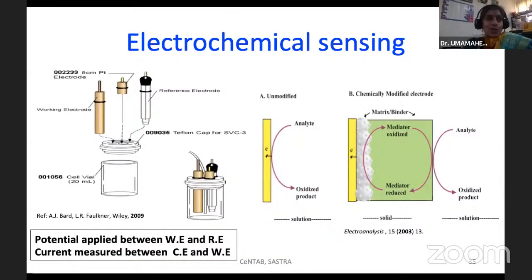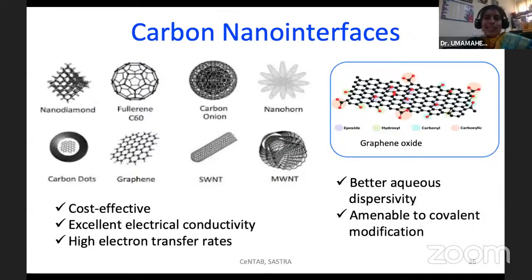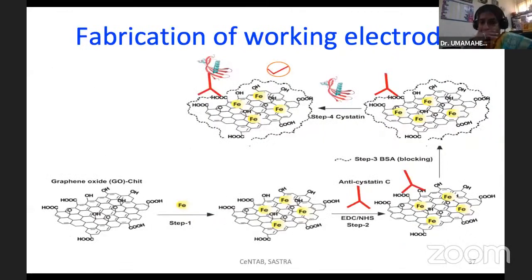So as usual, we went with electrochemical sensing. I'm not going to discuss too much about the usual story. We screened a lot of carbon interfaces, and we came to reduced graphene oxide as a good option for the interface material.